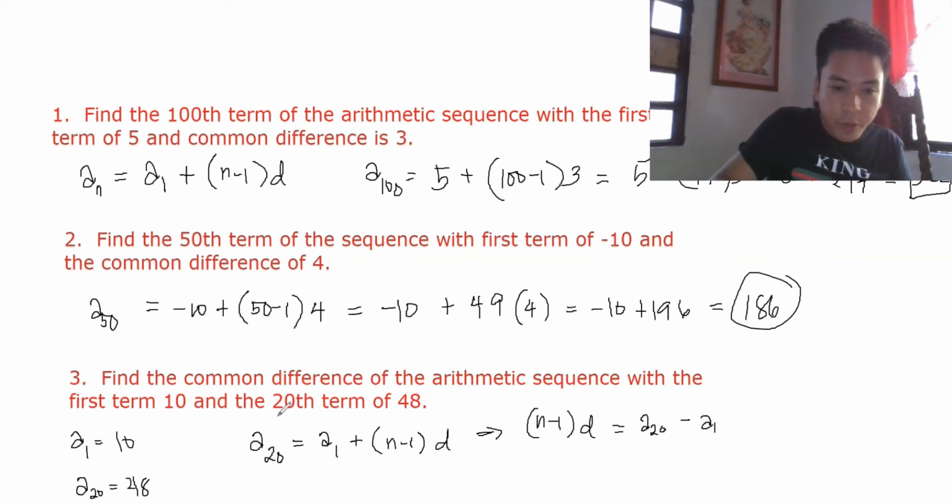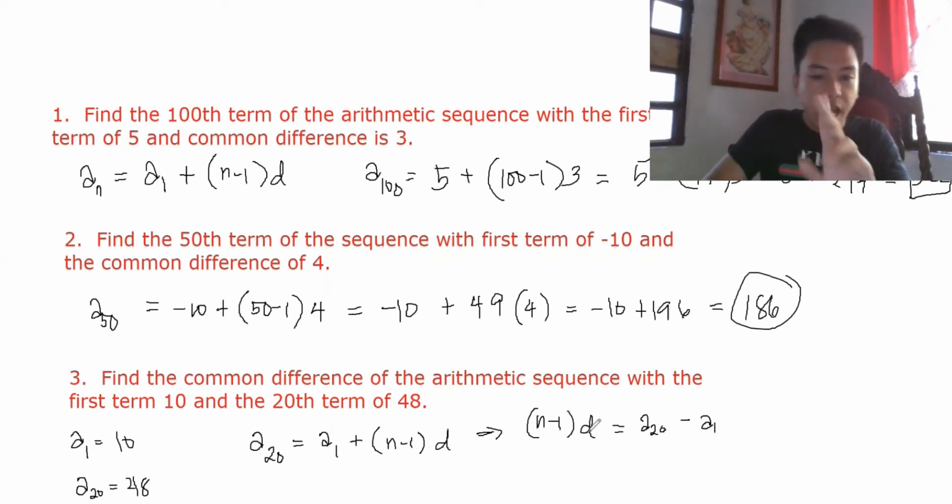I add both sides by negative a1, so it has a minus a1 here, but this will be canceled on the right side. And then I flip the position, so the right side of the equation becomes the left side. It doesn't matter. That's the rule in algebra, that it doesn't change anything if you're flipping the positions.